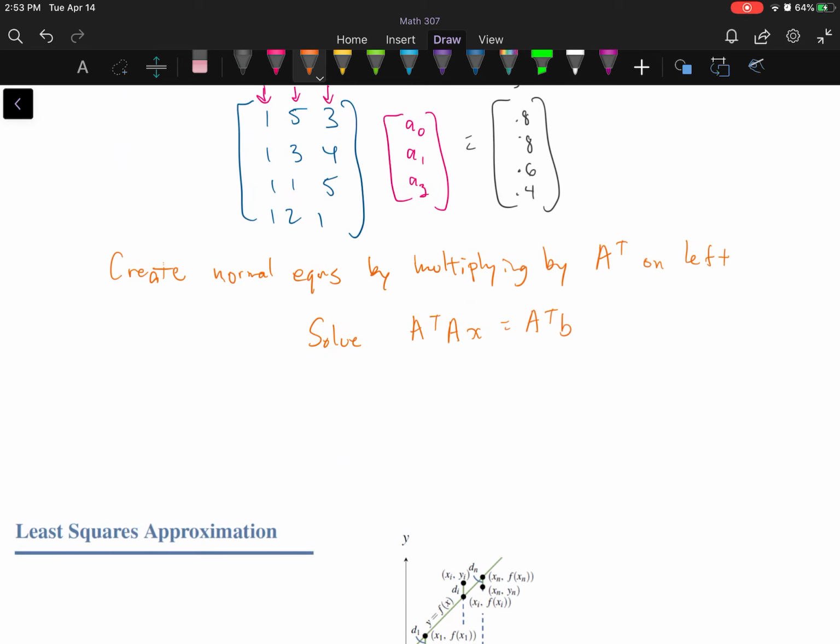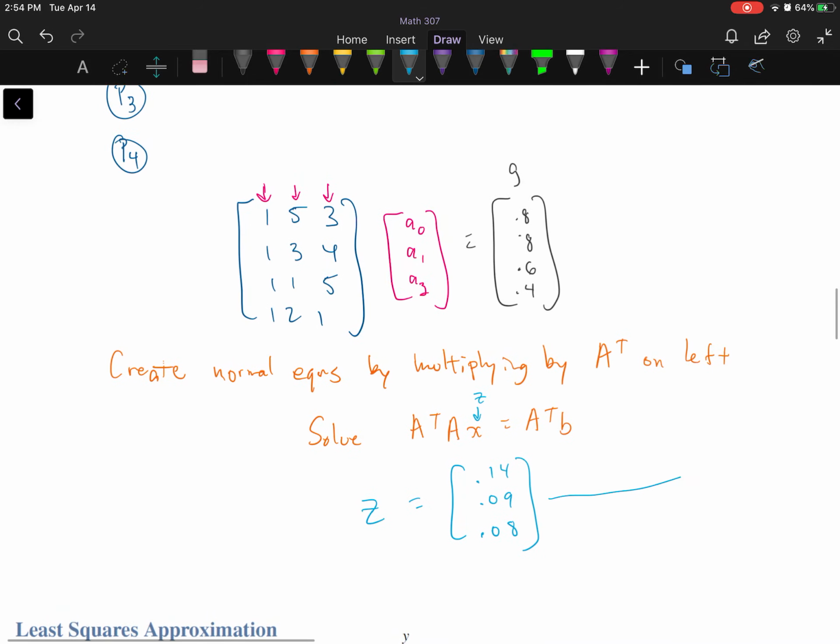In this case, the best approximation solution, we'll call that, again, z is taking the place of x here, would be 0.14, 0.09, and 0.08.